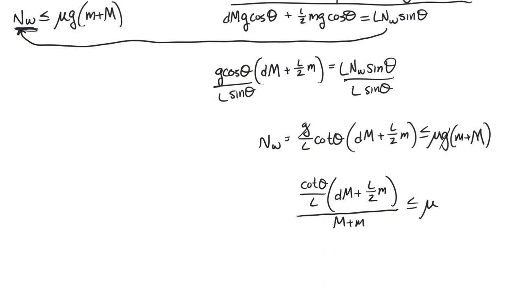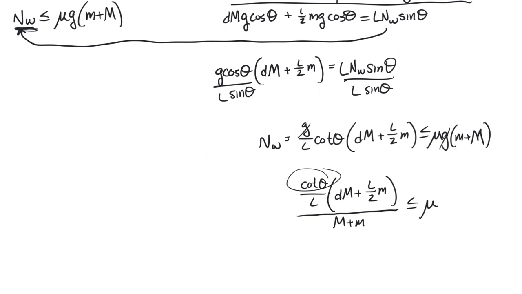The angle is clearly involved in determining how much friction you're going to need. And does cotangent increase as theta increases or decrease as theta decreases? Do you know? It does what cosine does, because cosine's on the top now.